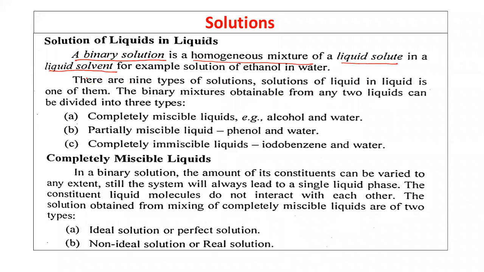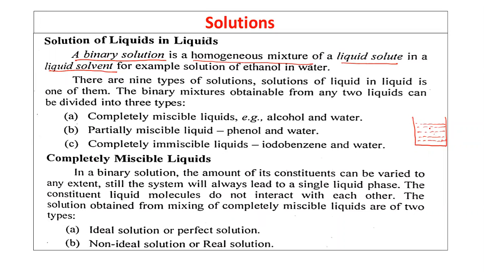For example, a solution of ethanol in water. Take 50 ml ethanol and 50 ml water in a beaker. Then in the beaker, you cannot identify which is water and which is ethanol.